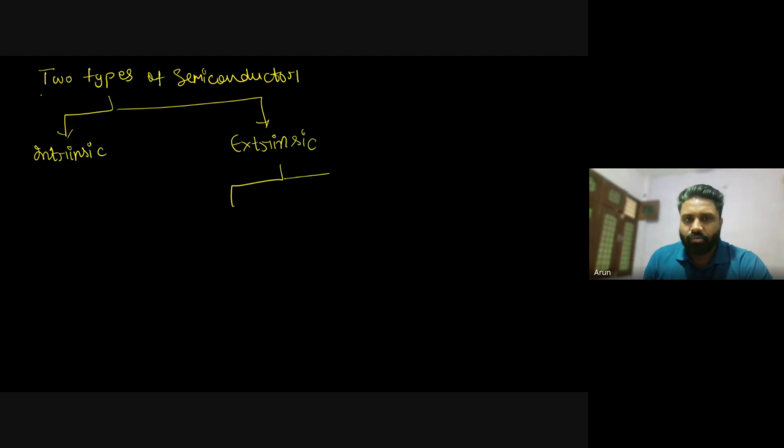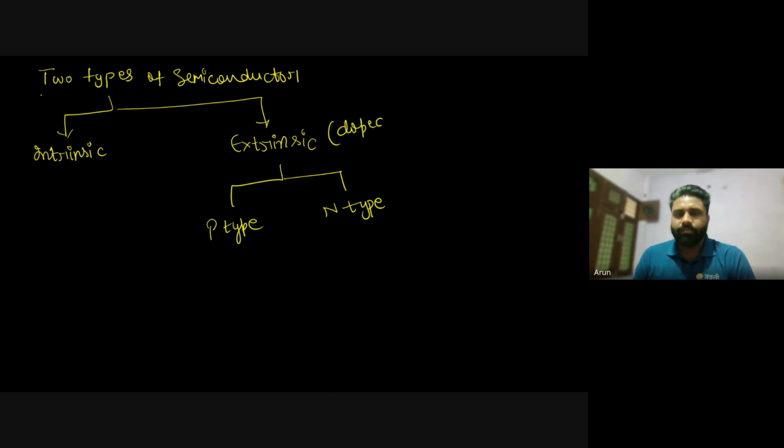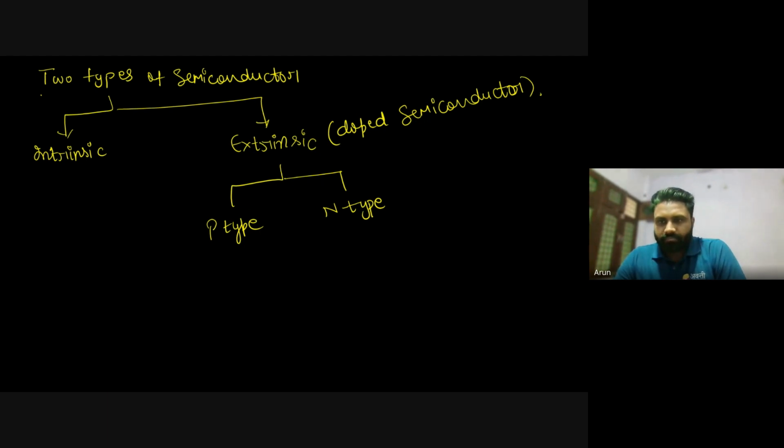Extrinsic itself has two types, which are p-type and n-type. Extrinsic semiconductor is also known as doped semiconductor. This doped semiconductor has two types, p-type and n-type.